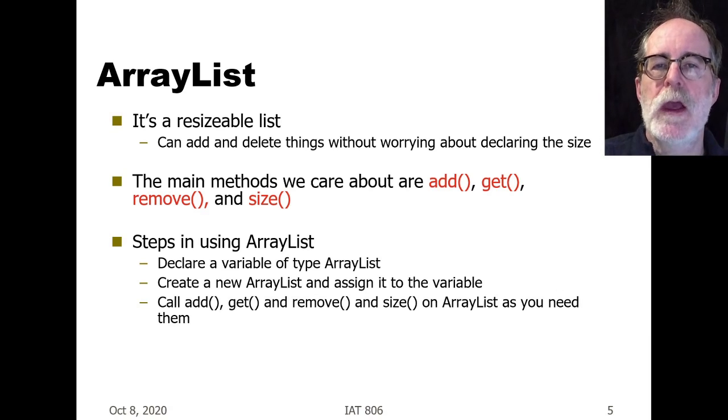The something in this case is class instances. You can't use fundamental types like float and int, because ArrayLists are only built for storing objects. So you just add, you get, you remove, and as you need, you query size. You do need to query size if you're using a loop to iterate through the list. You need size for that, so that's where you do it.